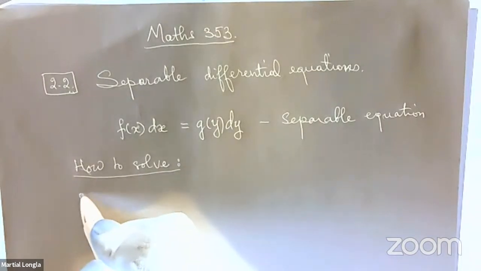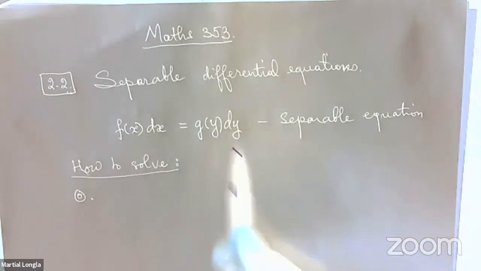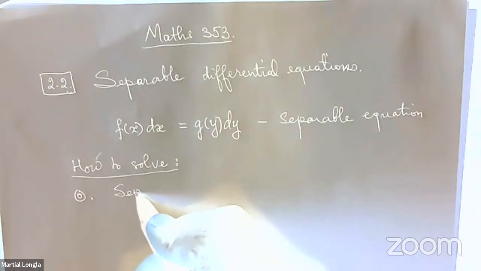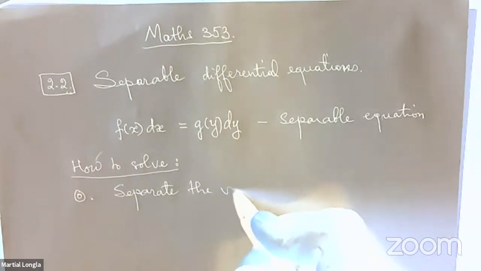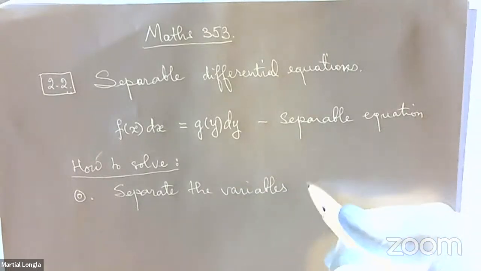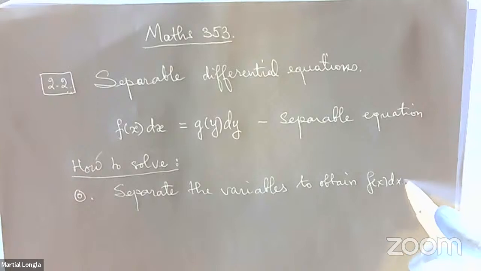Usually step 0 in solving this kind of problem, in the case when the problem is not given to you in this form, is to separate the variables to obtain f of x dx equals g of y dy.